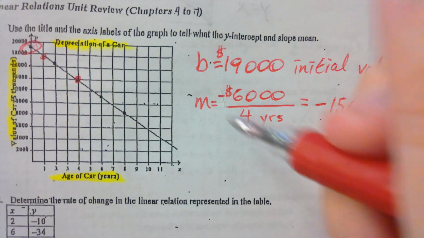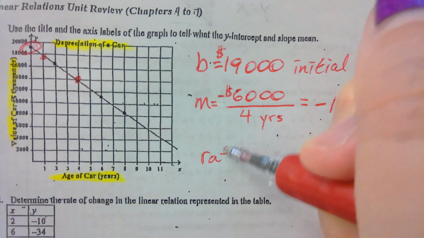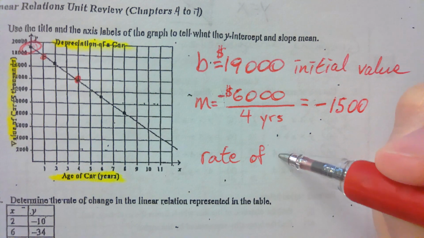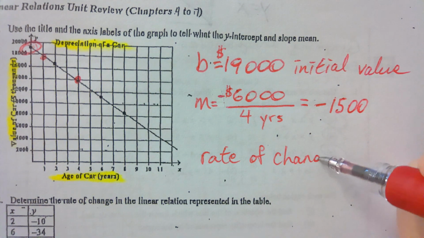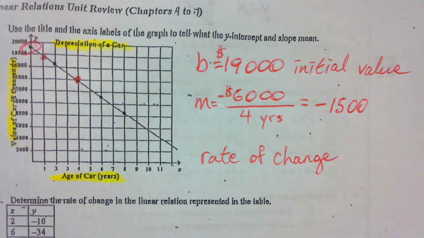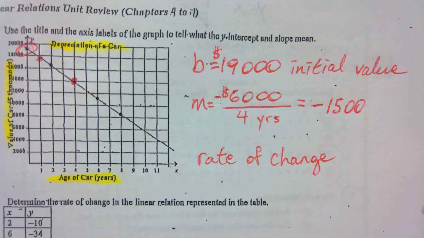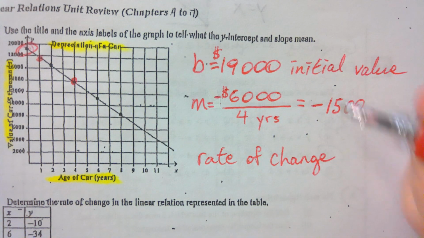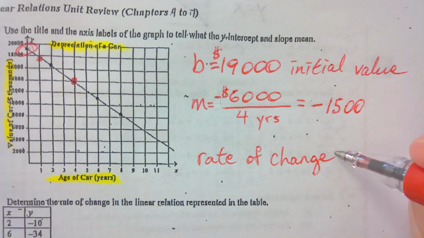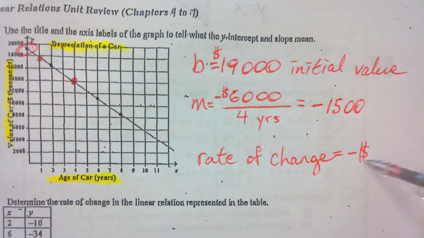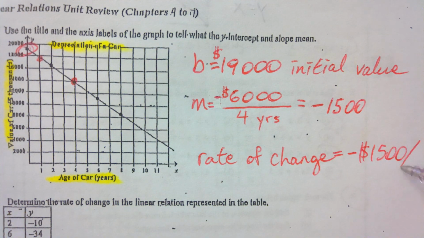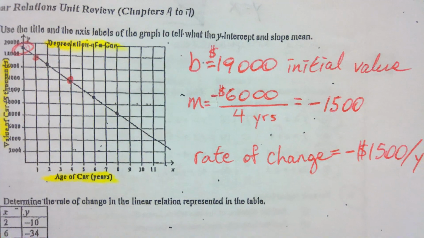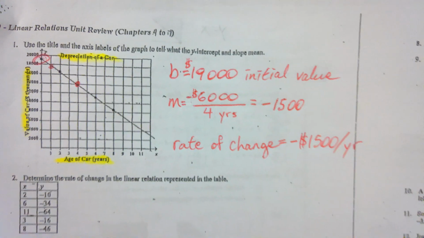Slope and rate of change mean the same thing. Rate of change includes units. Slope just means how it's moving, the steepness, the change. So in this case, your rate of change is it goes down 1,500 per year, just like when we do unit rate.